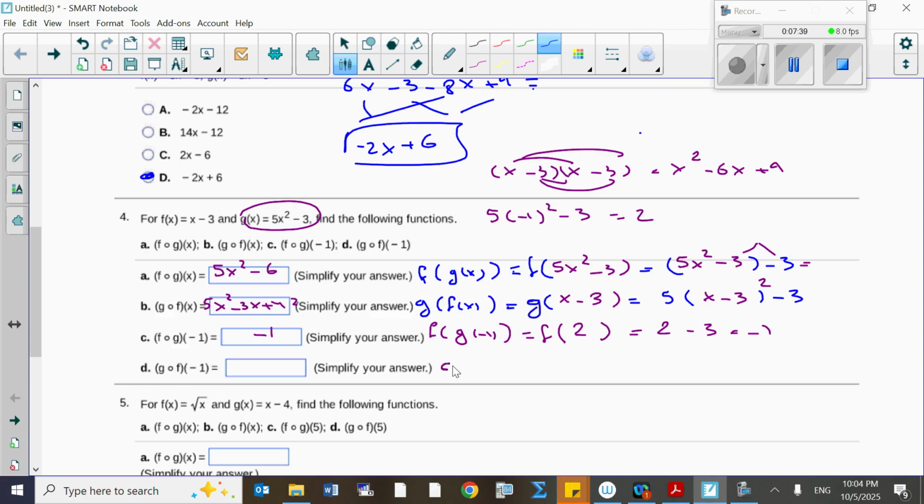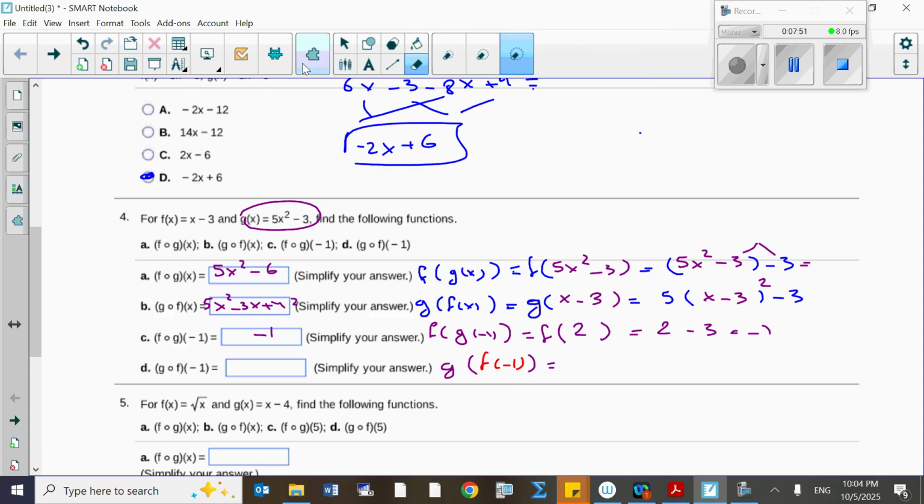Now g of f of negative 1. We're going to find f of negative 1 first here. f of negative 1 will be negative 1 minus 3. Just replace this x with negative 1 and it's equal to negative 4.